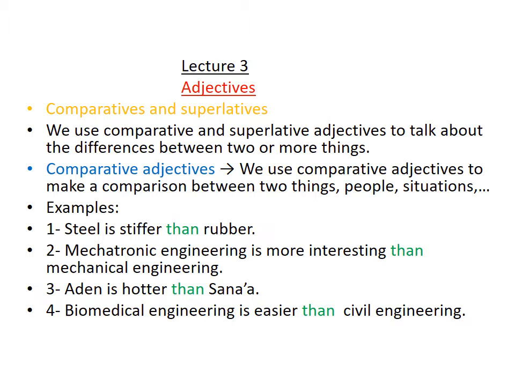It's more interesting than. Beautiful, ما اقدرش اقول beautifuler. أروى is more beautifuler than, ما تركبش. We'll say أروى is more beautiful than Salma, because it is long. We'll use more. Okay? So this is the comparison.